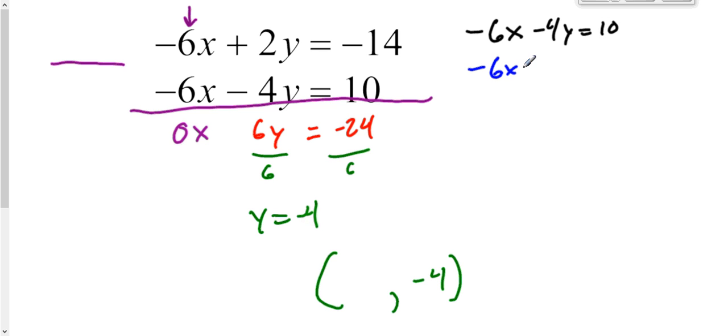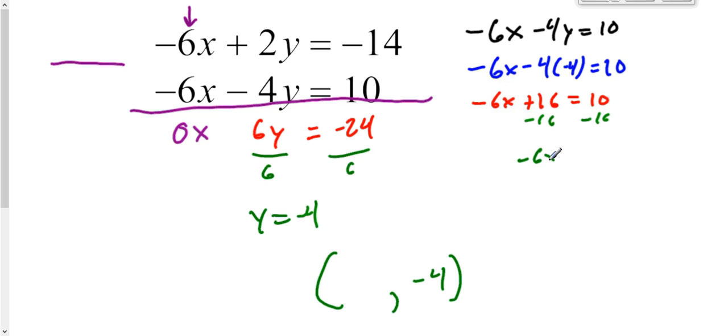It does not matter which one you choose. I'm choosing the bottom equation because I see that the negative 4 and this negative 4 are going to interact to become a positive number. So in my mind, that's going to make it a little bit easier for me to work with. So I take the negative 4 times the negative 4, I get a positive 16. Subtract 16 from both sides, I get negative 6x equals negative 6. So x is negative 1.